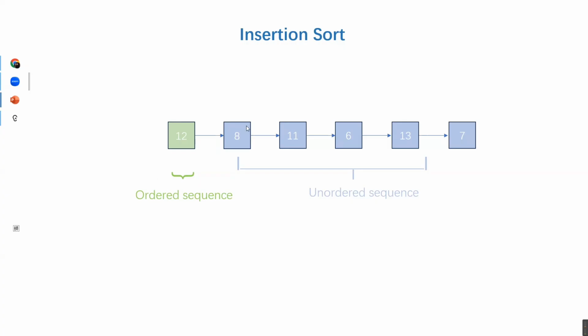So we need to insert the element into the correct position, right? After that, the ordered sequence will contain two elements, and here is also the unsorted sequence. Then we choose this one and compare it with the ordered sequence, with the 8 and the 12. It should be between the 8 and the 12, right?